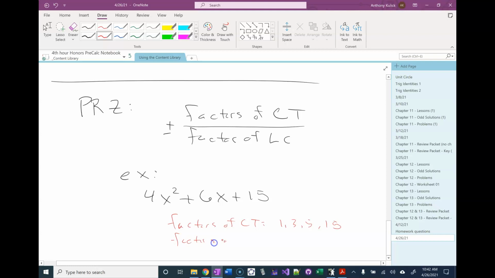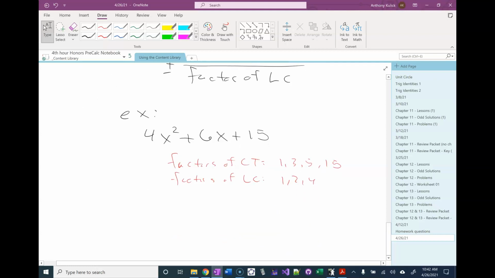And my factors of the leading coefficient are 1, 2, and 4. So my possible rational zeros are going to be 1 over 1, 3 over 1, 5 over 1, 15 over 1. And then 1 over 2, 3 over 2, 5 over 2, 15 over 2.